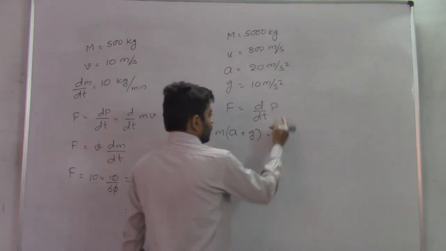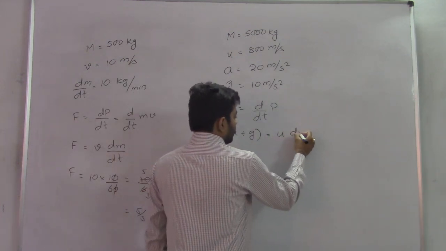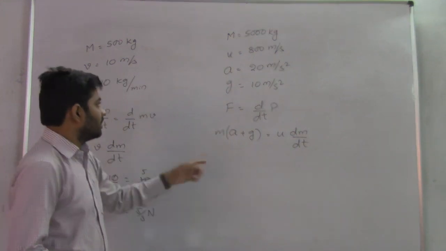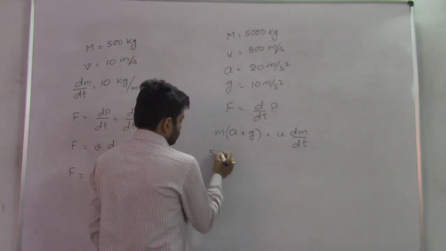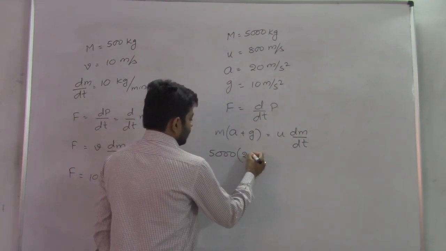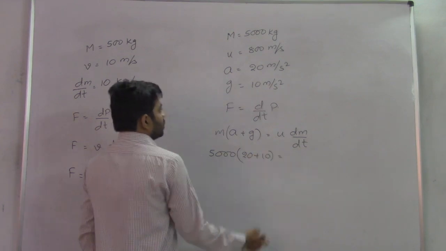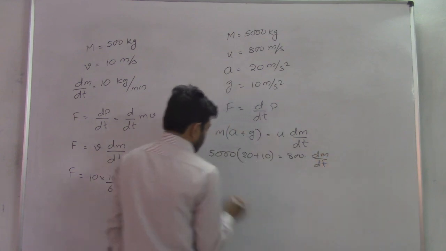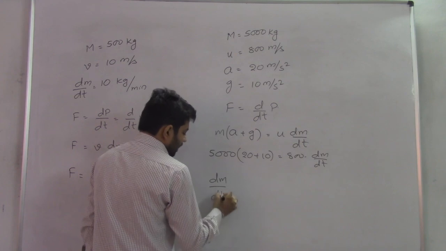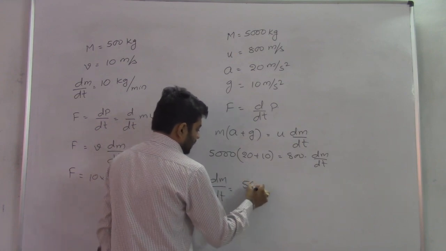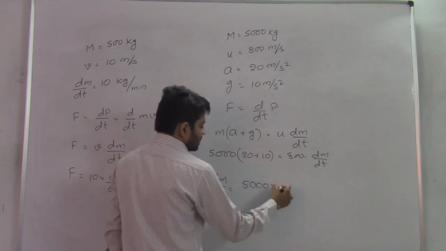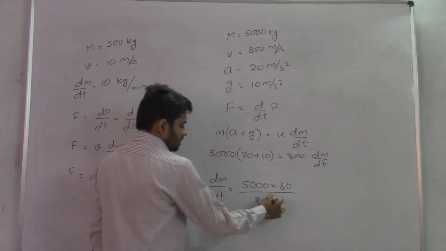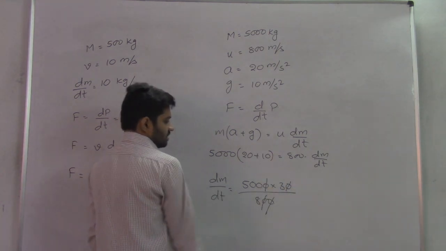Clear? So this is equal to dP, u into dm by dt. Same form. Now substitute the values. M is equal to how much? 5000 into a value is 20 plus g value is 10, and u is equal to 800, into dm by dt, they are asking. So that implies dm by dt is equal to 5000 into 20 plus 10, 30, by 800. This 0, 1 0 cancels.